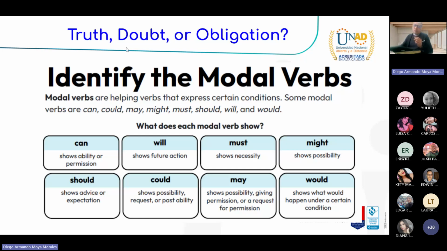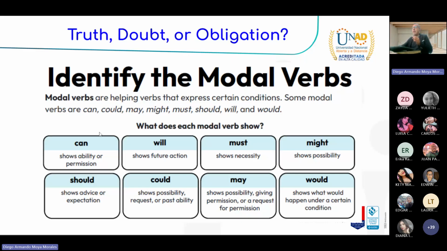So basically, remember that we have these modal verbs in English, which are very common to use. We use them every single day when you try to communicate something. And first of all, you have to remember that these are helping verbs, right? So we use them in certain conditions, in certain contexts, all right?